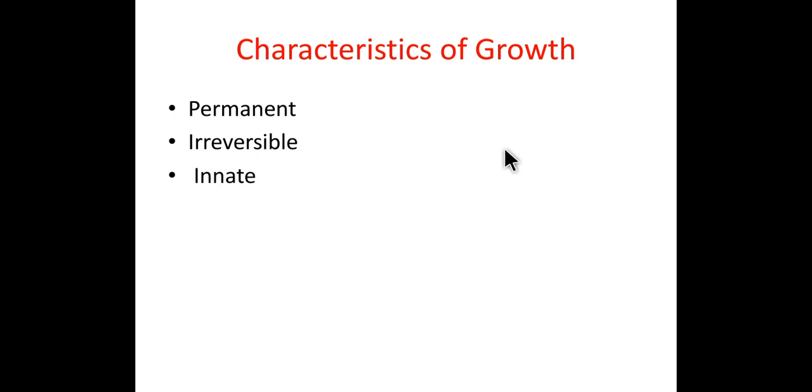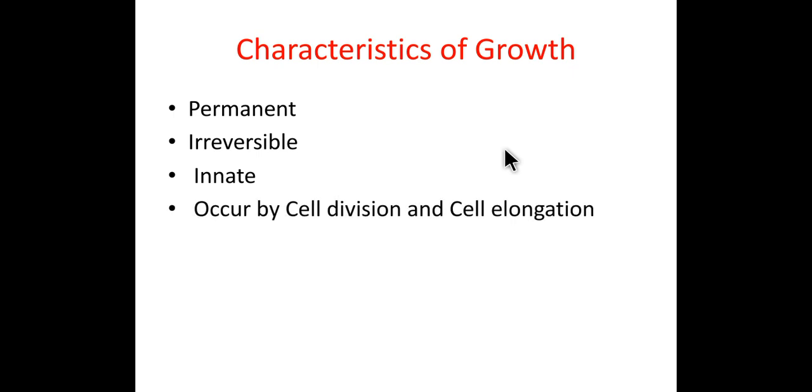It is innate, which means intrinsic, an internal process caused by internal activity. It occurs by cell division and cell elongation, followed by cell maturation to form different types of tissues.